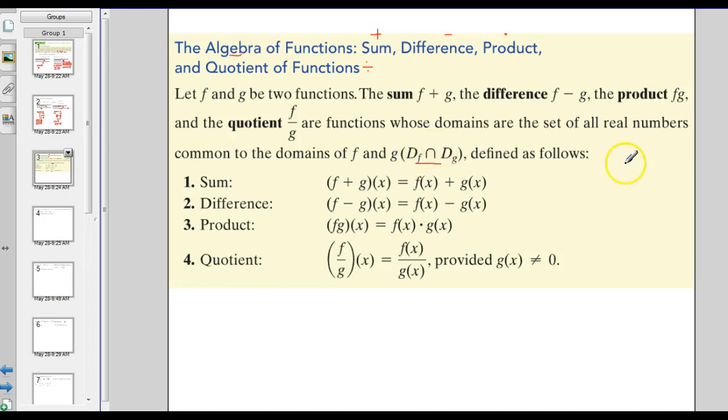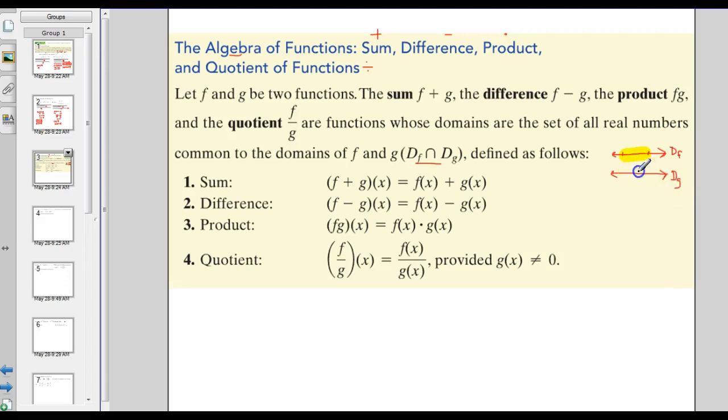So the way this works is, if the domain of f has these numbers, I'll put yellow, and the domain of g, this would be like the df, and this would be like the dg.